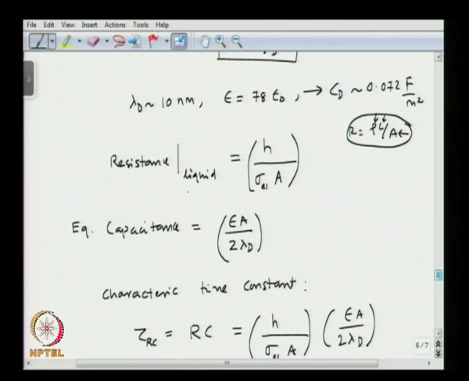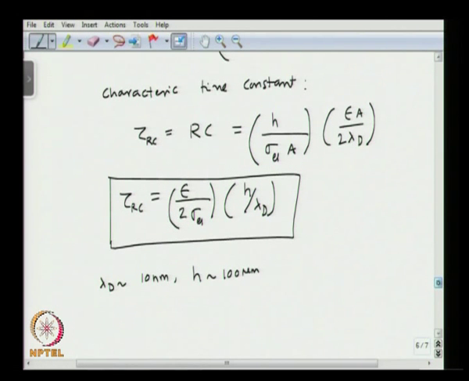So that is the resistance of the liquid. So H is about 100 micron, and the relative permittivity, assuming it is water, is about 78, and electrical conductivity is about 10 to the power minus 3 Siemens per meter.